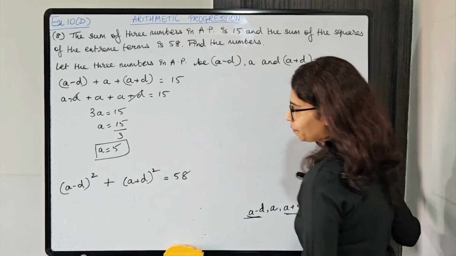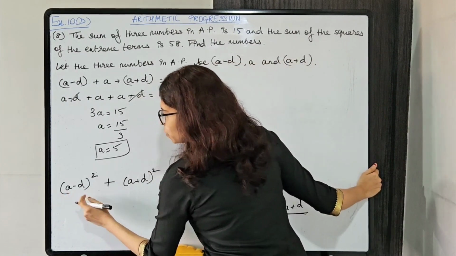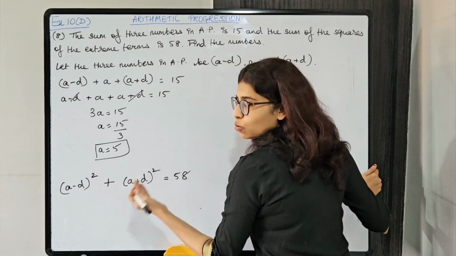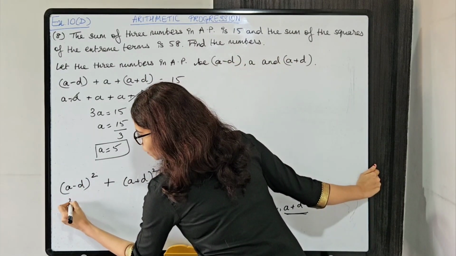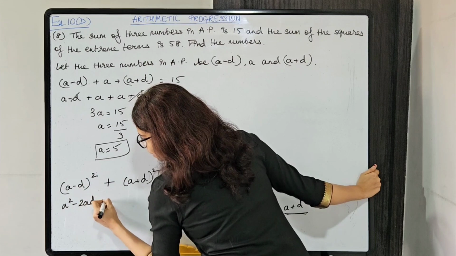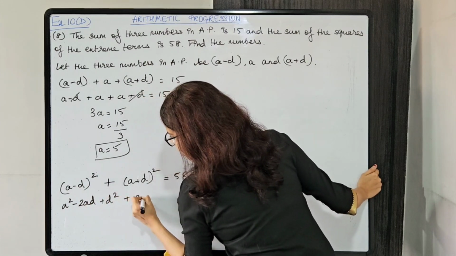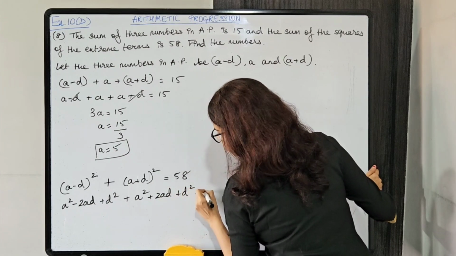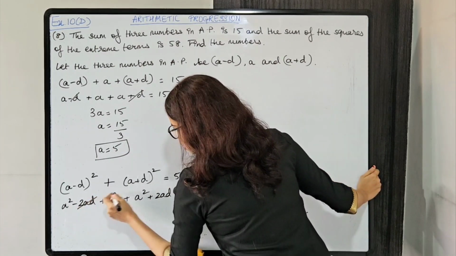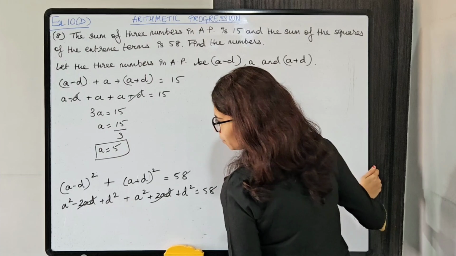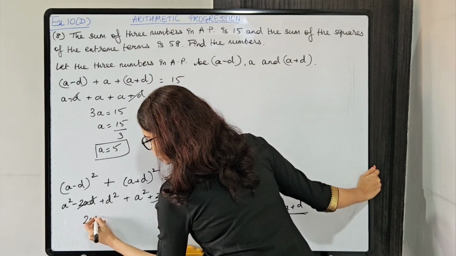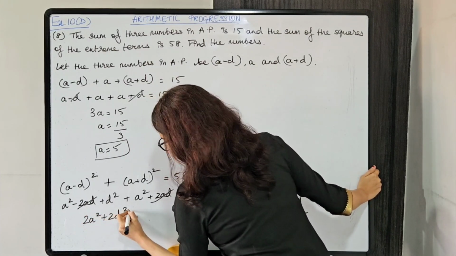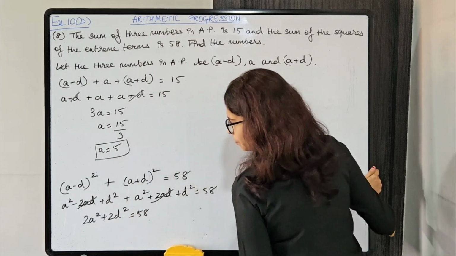Okay. So we'll use the formula for A minus B the whole square and A plus B the whole square. That will give A square minus 2AD plus D square, and here A square plus 2AD plus D square is equal to 58. 2AD will cancel. So we are left with 2A square plus 2D square is equal to 58.